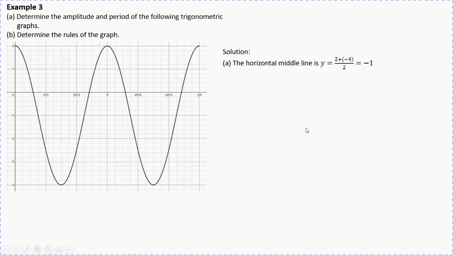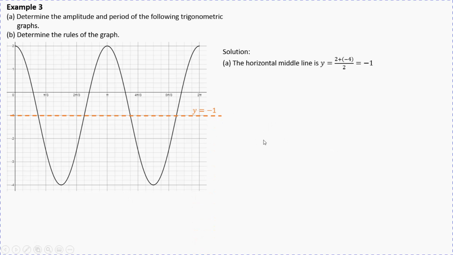All right, then you can draw the line here. So you draw the middle line, then you can find the amplitude. Amplitude means the distance from the highest point to the middle line, or the lowest point to the middle line.